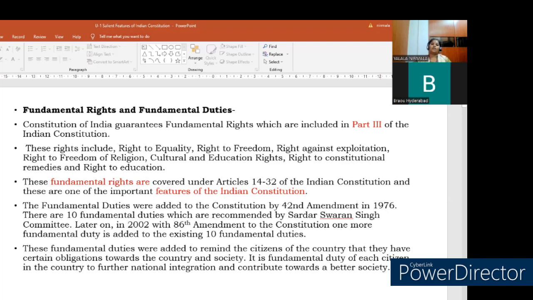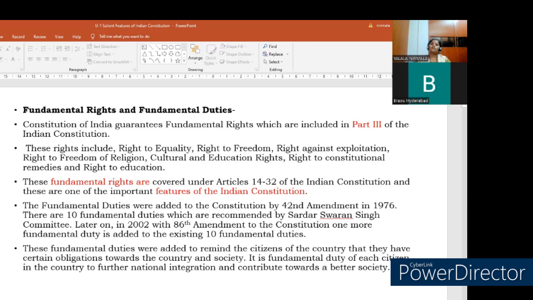These rights include right to equality, right to freedom, right against exploitation, right to freedom of religion, cultural and educational rights, right to constitutional remedies, and later on, right to education also was made as a fundamental right. After that, right to information is also considered as a fundamental right of the Indian citizens. It is guaranteed under Article 21 of the Indian Constitution.